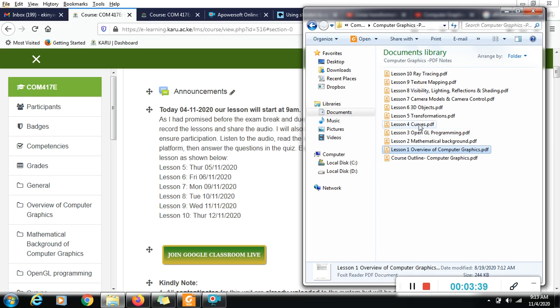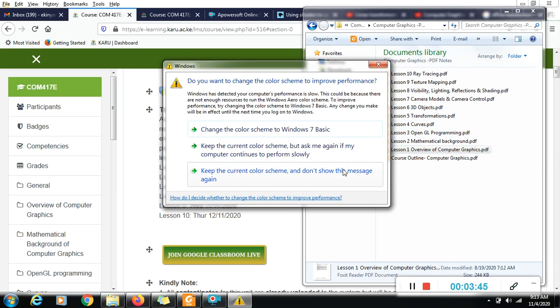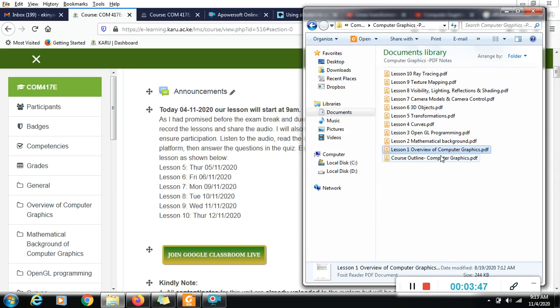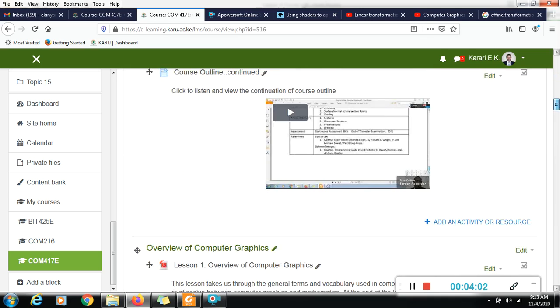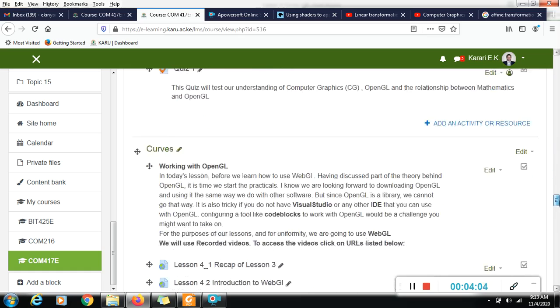The last lesson we had just before you went for a break for the exam was about curves, and when we were discussing those curves, I'm going to just display that briefly, in lesson 4.